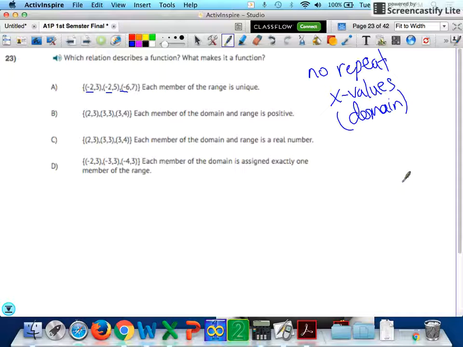So we look at this first one, -2, -2, -6. Did not work. 2, 3, 3 did not work. 2, 3, 3 did not work. -2, -3, -4 did work. Each member of the domain, which means x values, is assigned exactly one member of the range. There's our answer.